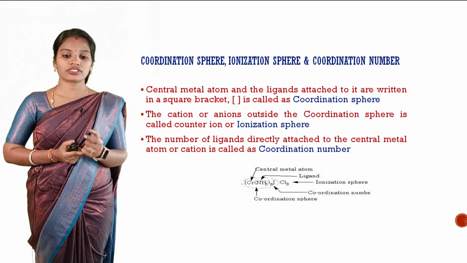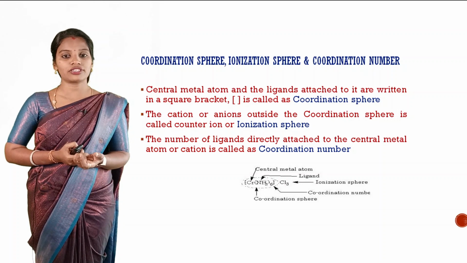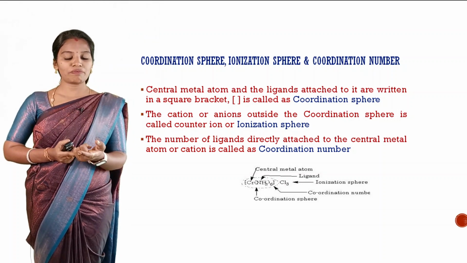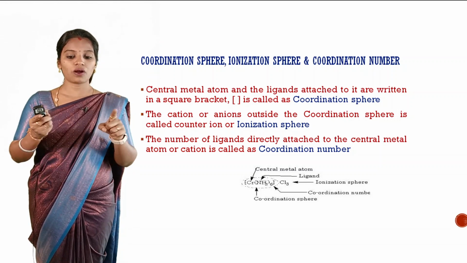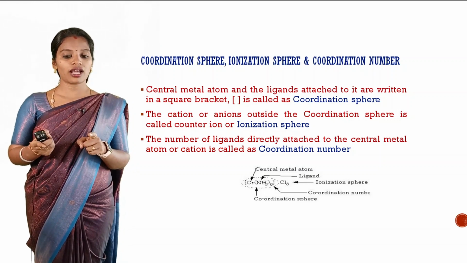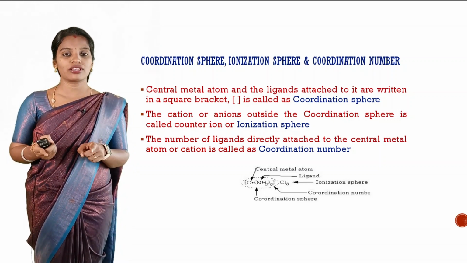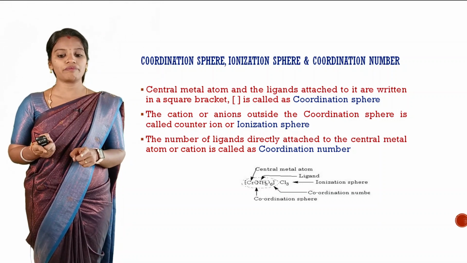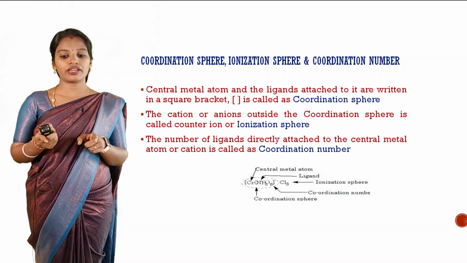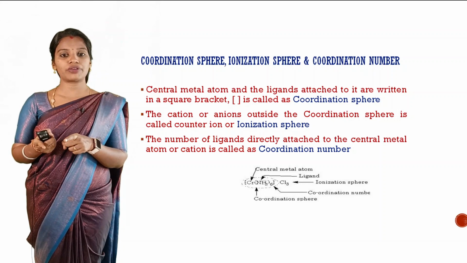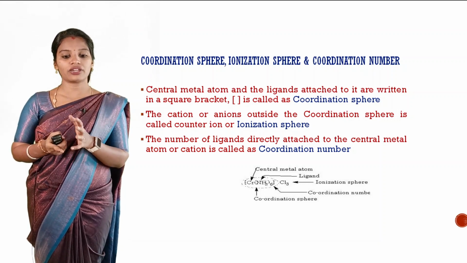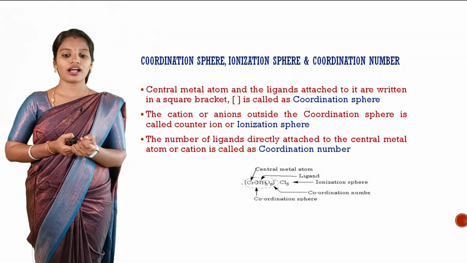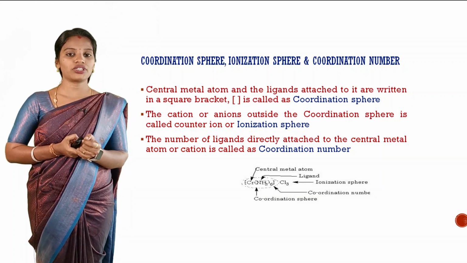We call it the counter ion or ionization sphere. In this example, within the coordination sphere is Cr and NH3 six times, that is hexaamminechromium, and outside the coordination sphere Cl3 is there, which is called the counter ion or ionization sphere.